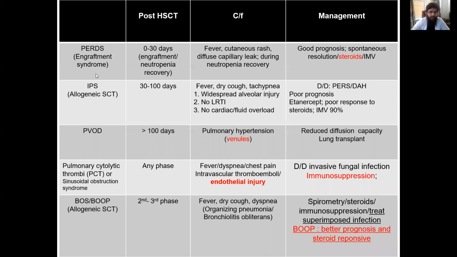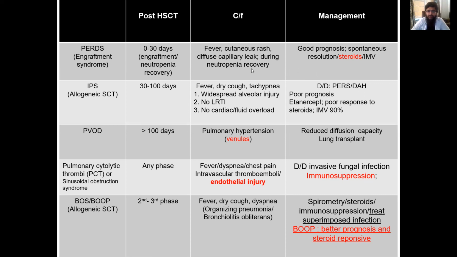As far as peri-engraftment syndrome is concerned, it is seen in the early phase of the transplant, more so when the neutropenia is recovering. So it's important to know that once the neutropenia starts recovering, we need to monitor the patients carefully, because the patient can go into worsening respiratory failure. That is known as PERDS. The patient presents with signs of diffuse capillary leakage in this phase with fever and rash.